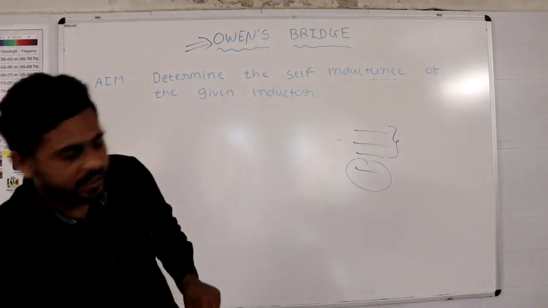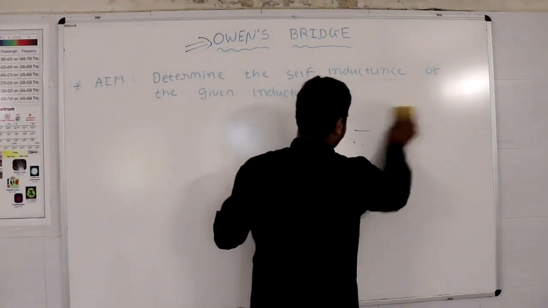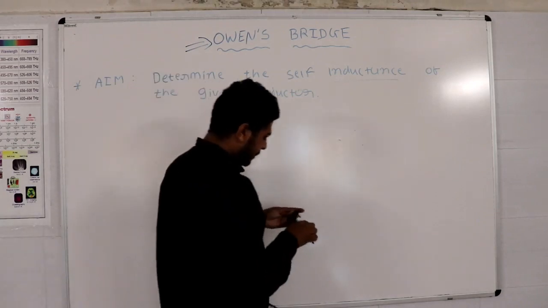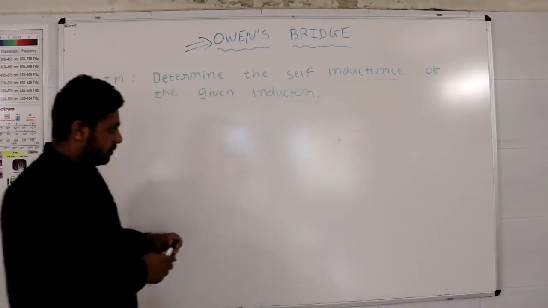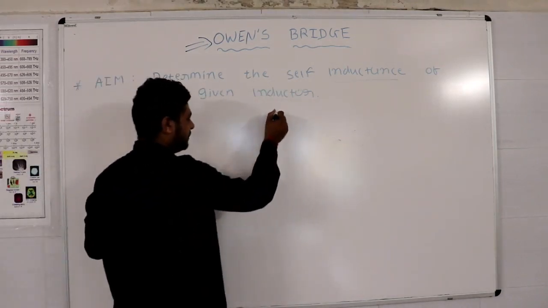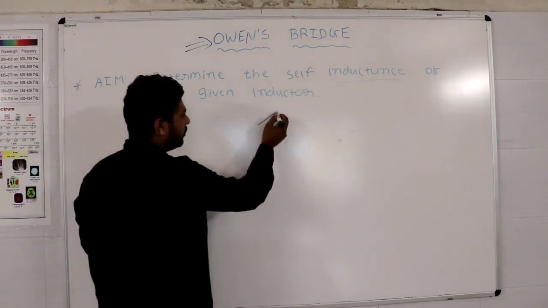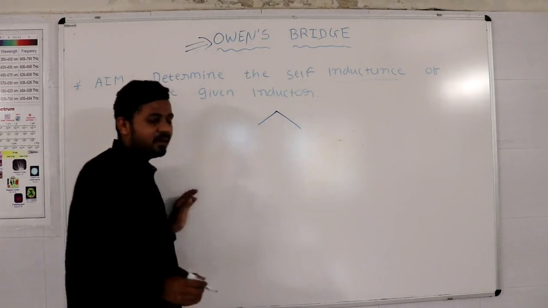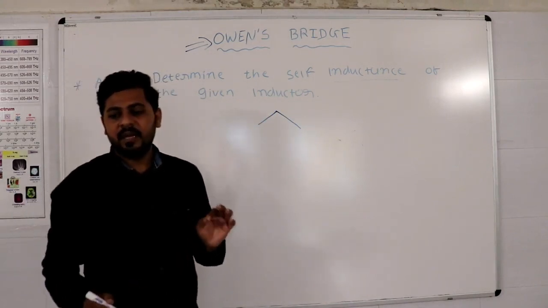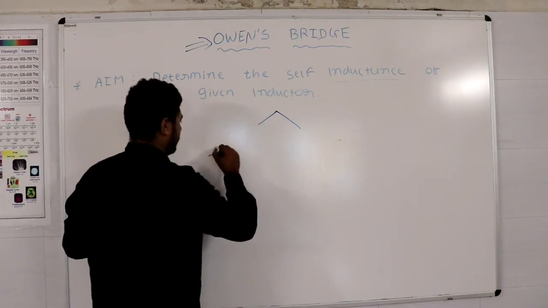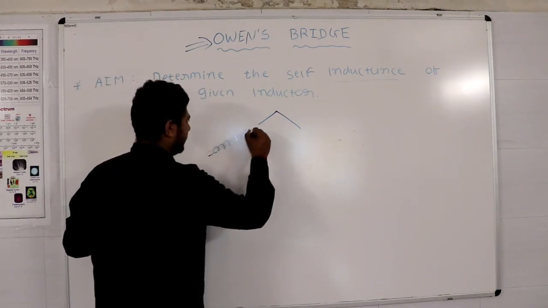Let us check the circuit diagram and then we will go to the instruments. Yes. So in this circuit, there are 4 arms and it's a bridge-like circuit.